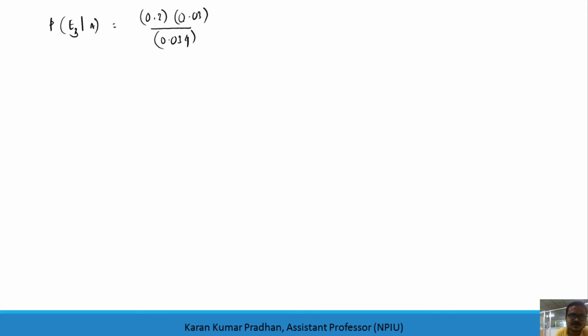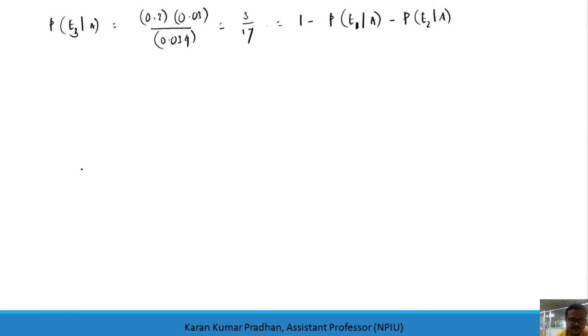This is 0.006 divided by this, that means you will get 3 out of 17, which can also be found as 1 minus probability of E1 given A minus probability of E2 given A.